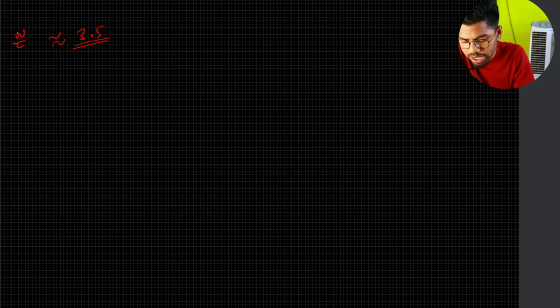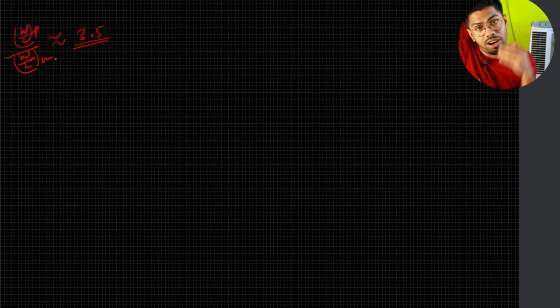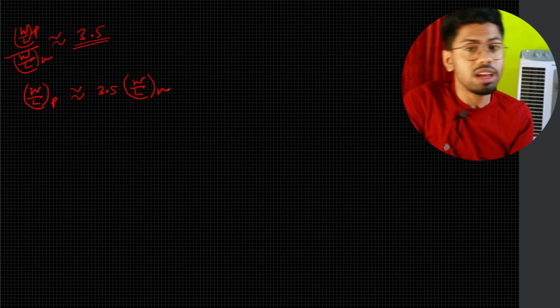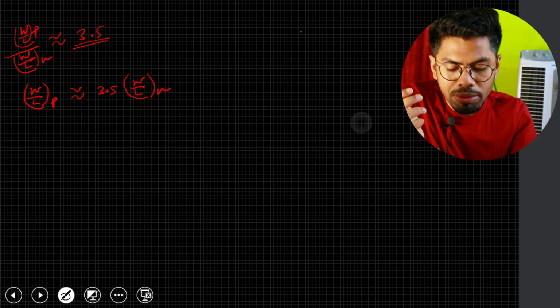It is your W/L of P over W/L of N, which implies your W/L of P should be roughly equal to 3.5 times W/L of N. It will be roughly 3.5 or probably 3.8 also.